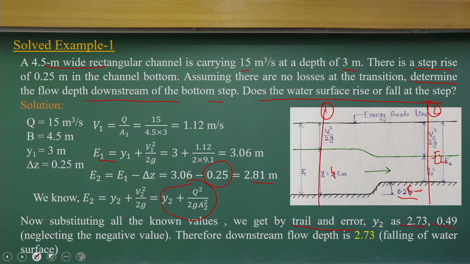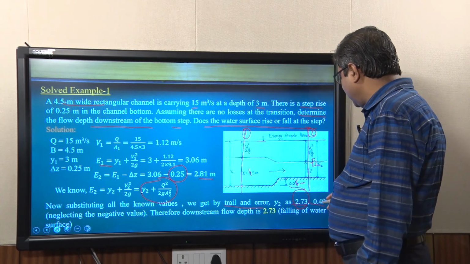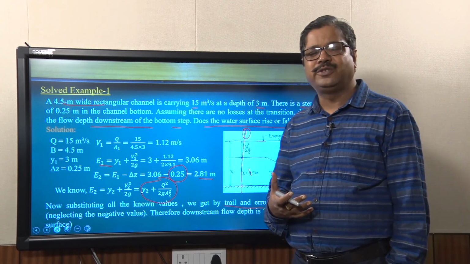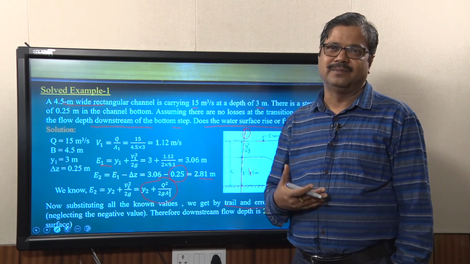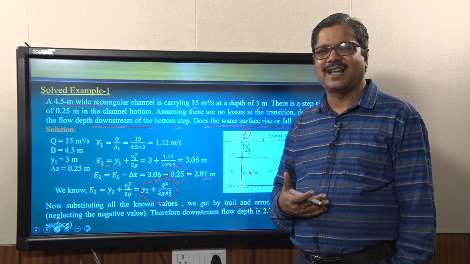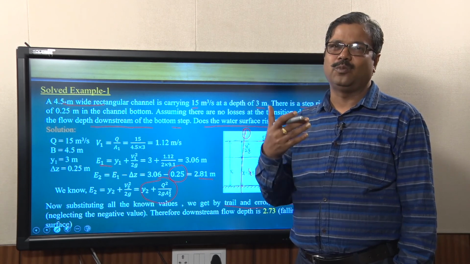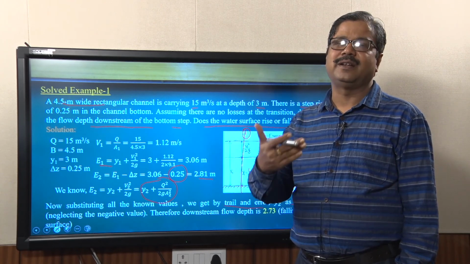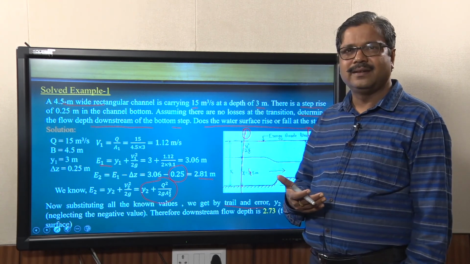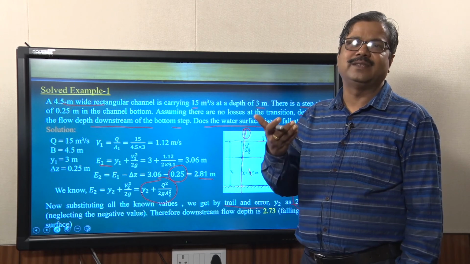It will have 3 values, one of which will be negative, which we do not consider, and another is 2.73. We can ask, why do you consider 2.73 and not 0.49? That is the same concept I used earlier in the explanation of specific energy: we should know whether the flow is subcritical or supercritical. If the flow is supercritical, then the water level will rise.